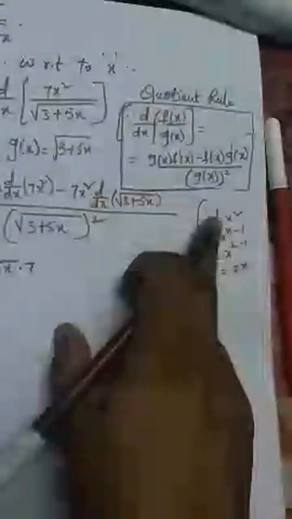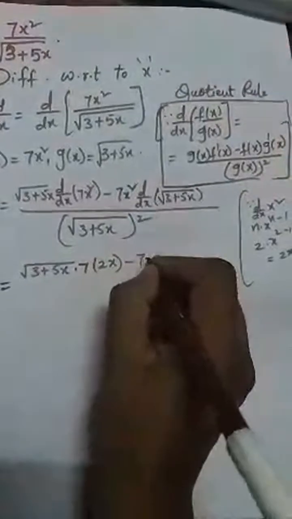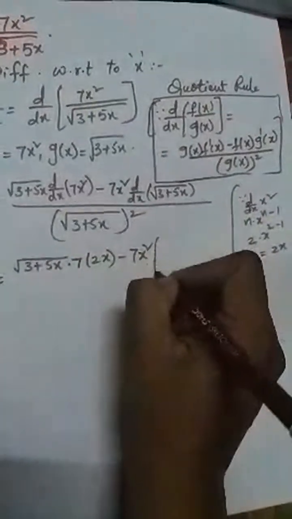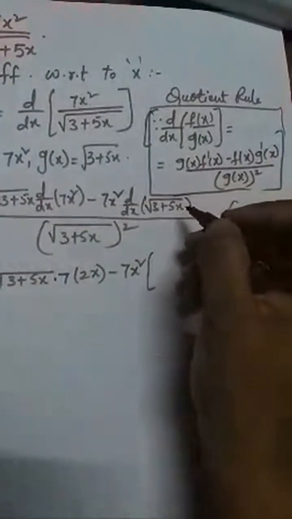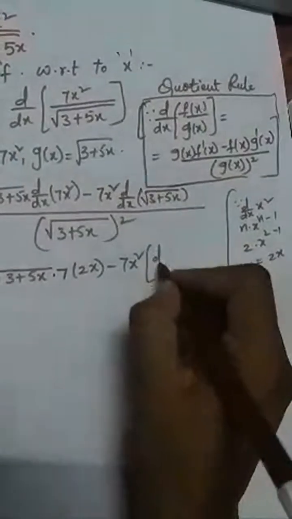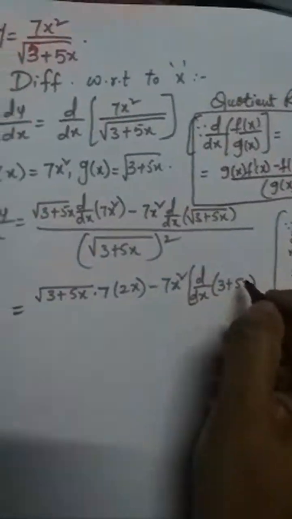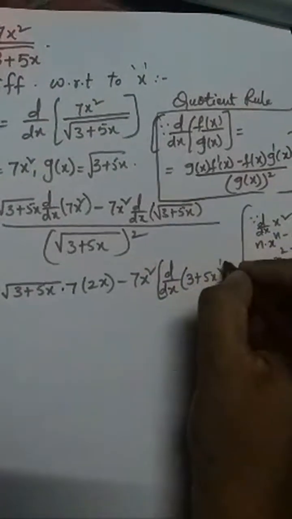d by dx of x square is 2x. We have to write here 2x minus 7x square, d by dx of under root 3 plus 5x, whole power 1 by 2. I am writing root as 1 by 2.